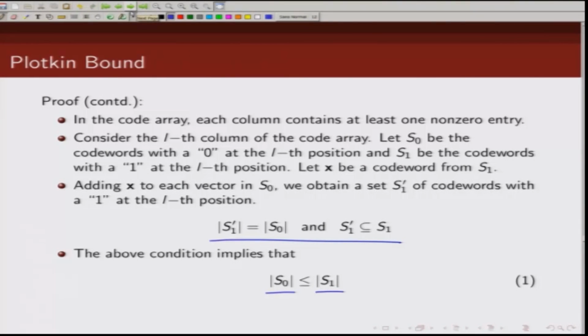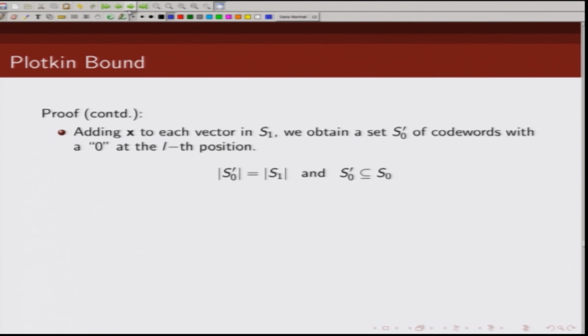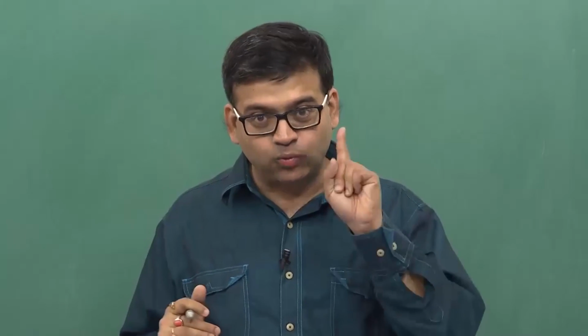Next, we add this same vector X now to set S1. Earlier we added it to set S0, and in the process we generated a new set of code words which has 1 at the ith location. Now, we are adding this code word X to the set S1. X has 1 at the ith location, S1 has 1 at the ith location.